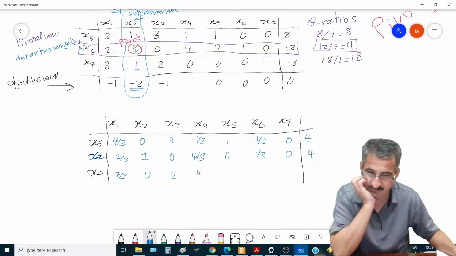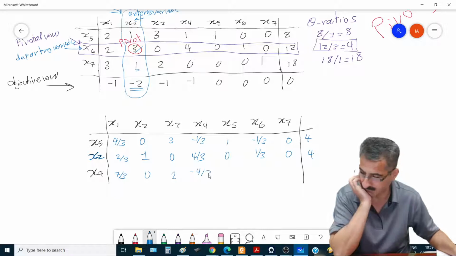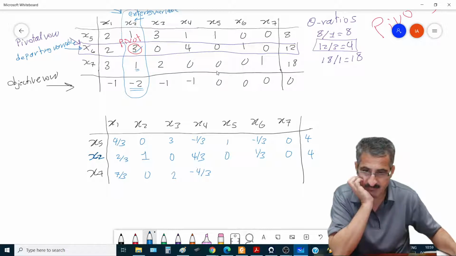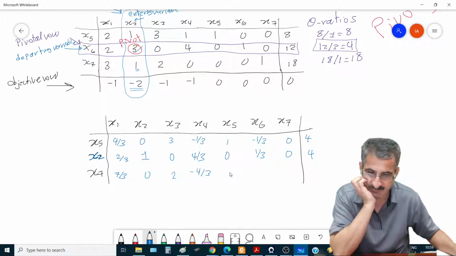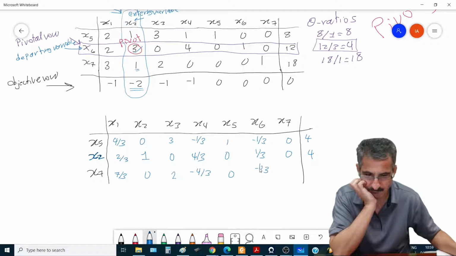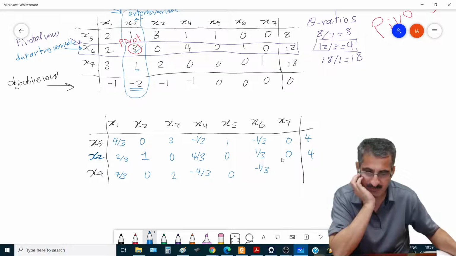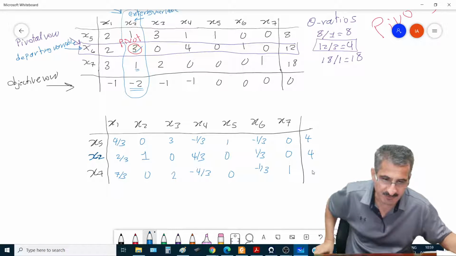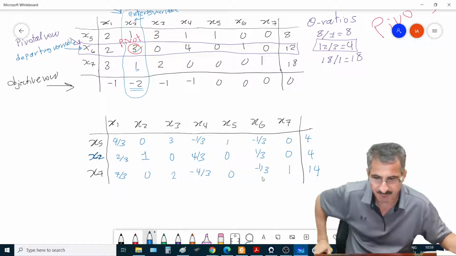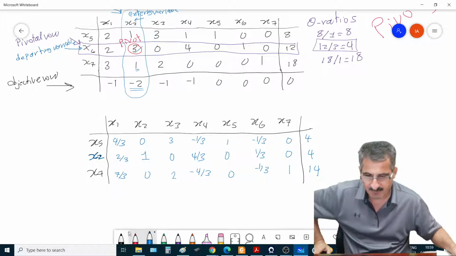Multiply this by -1, so -4 over 3, and multiply this by -1 and add to 0, we get nothing. Multiply this by -1, we get -1 over 3. Multiply this by -1 and add. Now multiply this by -1 and add to 18, we get 14. Boom. Okay, we are not done yet.